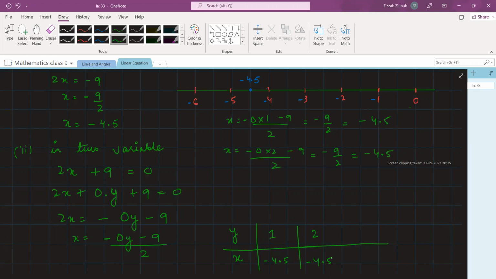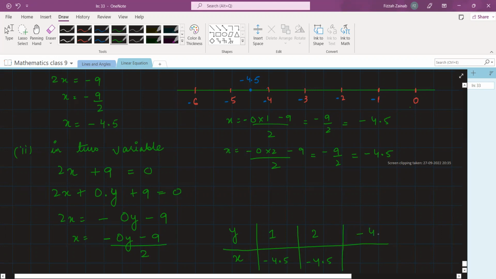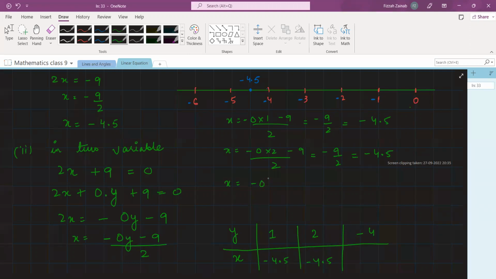Or next, you take a negative value. Let's take it as minus 4, right? Let us check. So x is equal to minus 0 into minus 4, and then minus 9 divided by 2. 0 multiplied by anything is anyway 0. So 0 minus 9 divided by 2, which is minus 9 by 2, is again minus 4.5.